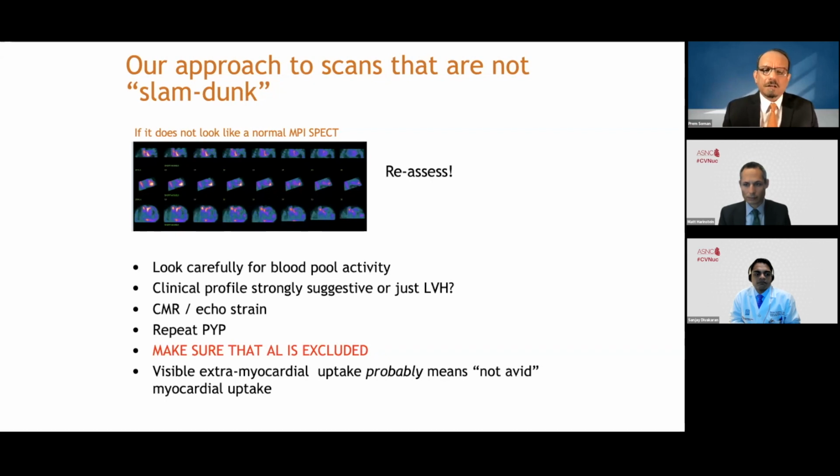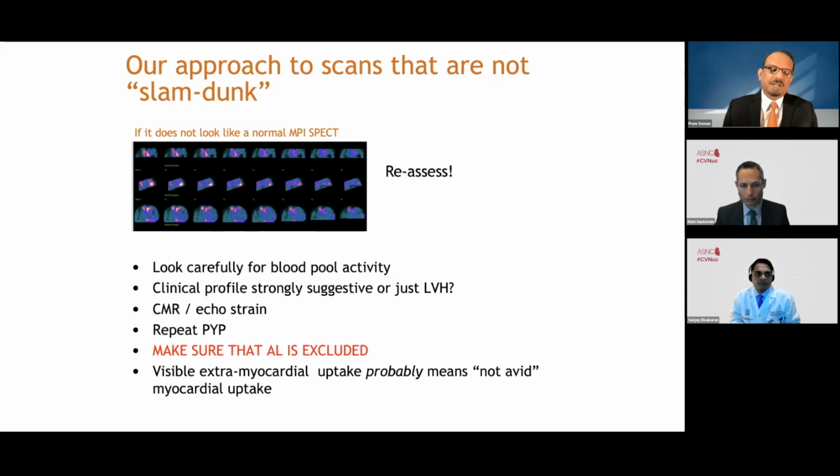We recently looked at this systematically. Brent Medhoff, who was a former amyloid fellow and now is a cardiology fellow with us, looked at all the PYP scans over the past several years that we had interpreted as equivocal. There were about, I think, 23 scans that we had formally reported as equivocal. When we looked at what happened to these patients, not a single one of them actually had a final diagnosis of cardiac amyloidosis.